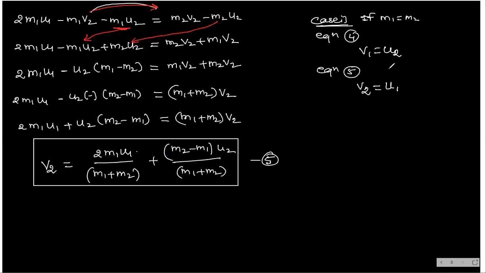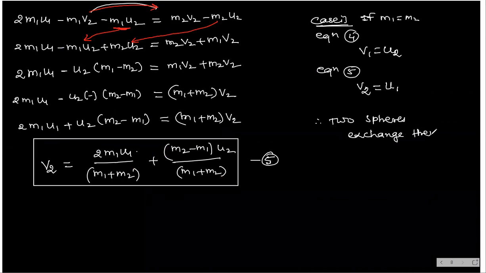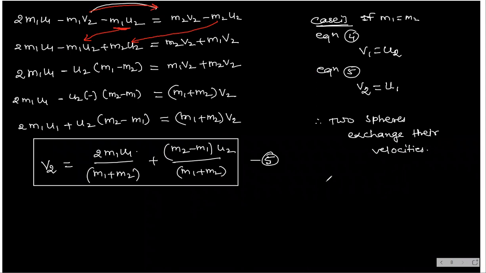So V1 is equal to U2 and V2 is equal to U1 if M1 is equal to M2, and therefore two spheres exchange their velocities. Two spheres exchange their velocities. Got it? Okay, so let's stop here.